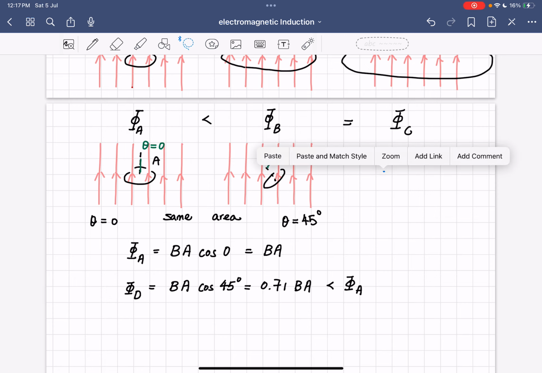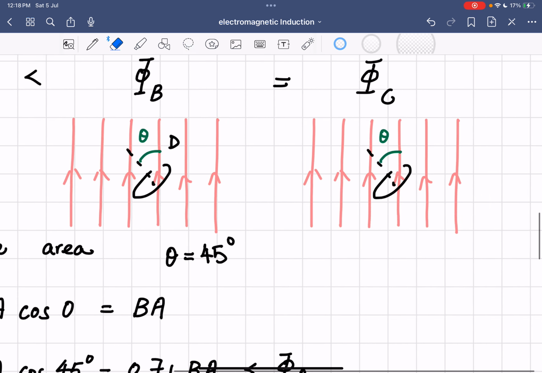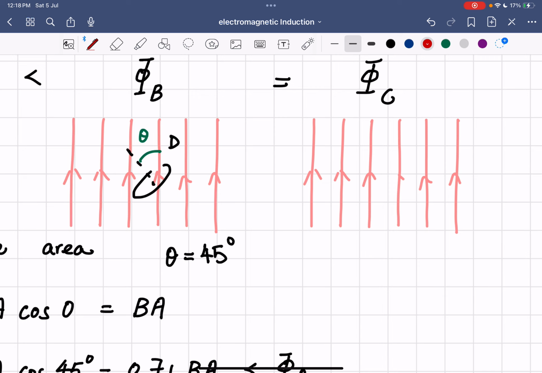Intuitively, this is not difficult to understand, because when you continue to turn the loop so that it is vertical, that means this loop is not able to enclose any magnetic field lines. With the normal to be here, we will have theta to be 90 degrees, because this is the field line and this is 90 degrees as theta.